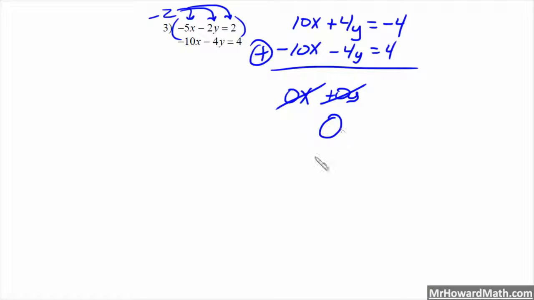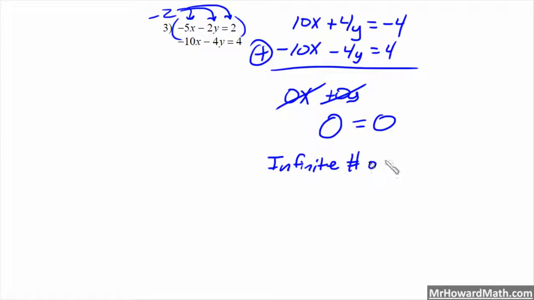So my left side of my equation is equal to 0. There's nothing over there, so I need 0 as a placeholder. Negative 4 plus 4 equals 0. So I have 0 equals 0. That is true. What's left is true. My variables have canceled. So this one is an infinite number of solutions.